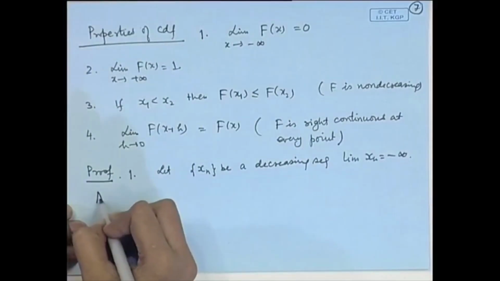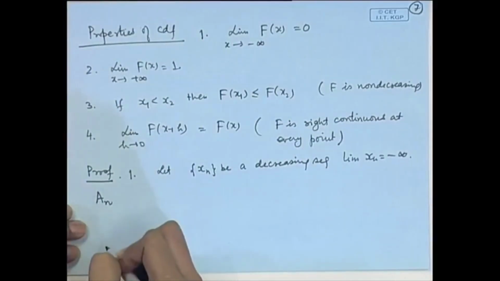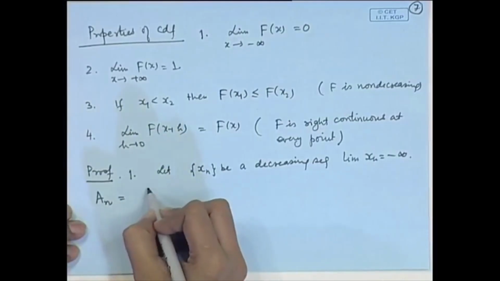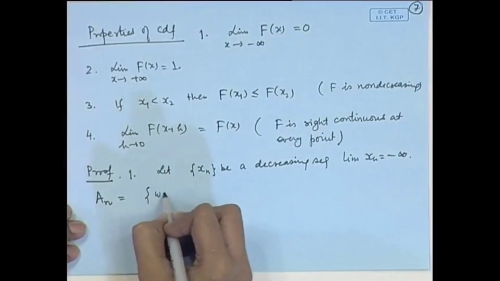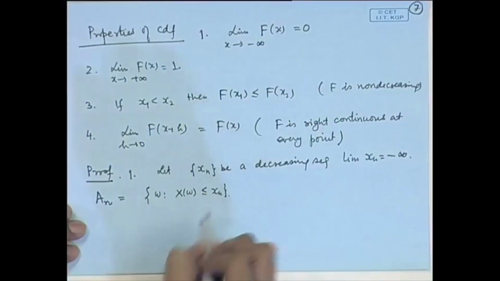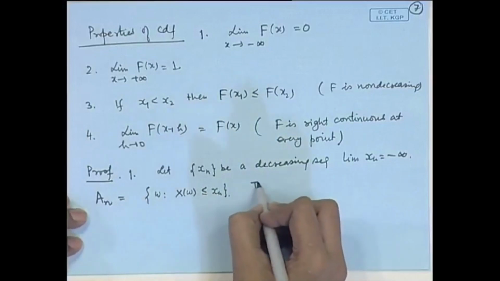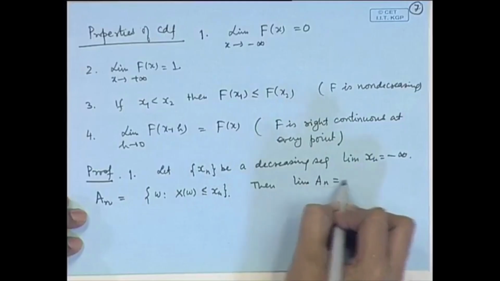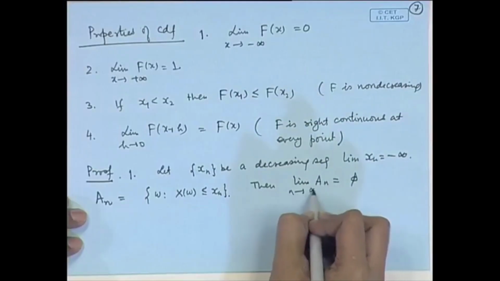If I consider the sets A_n as the set of all those points such that X(ω) is less than or equal to x_n, then the limit of A_n is equal to the empty set as n tends to infinity.